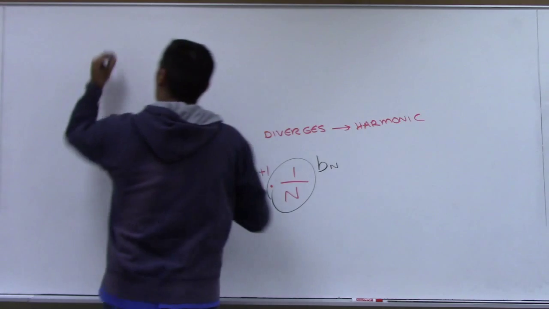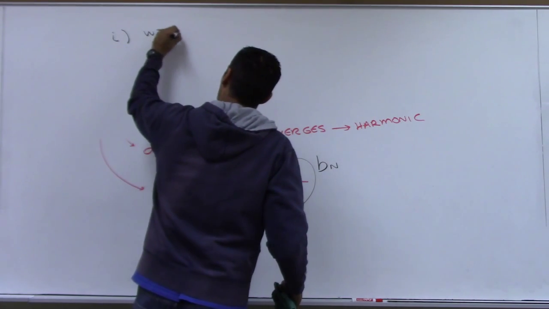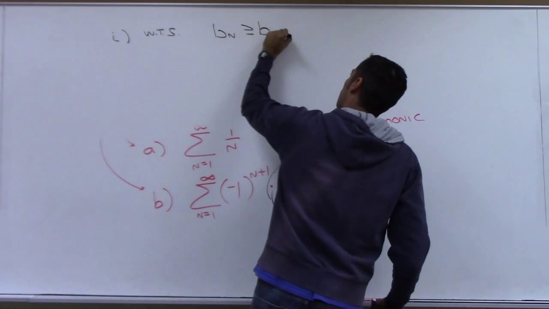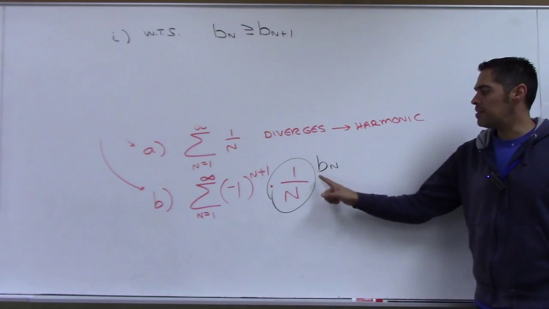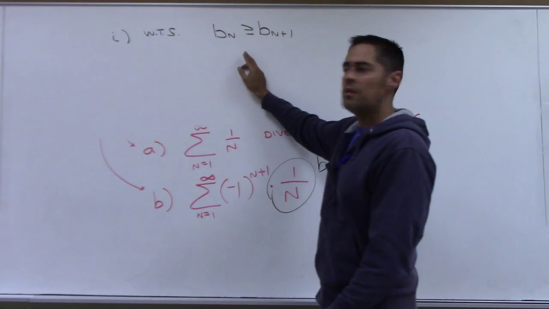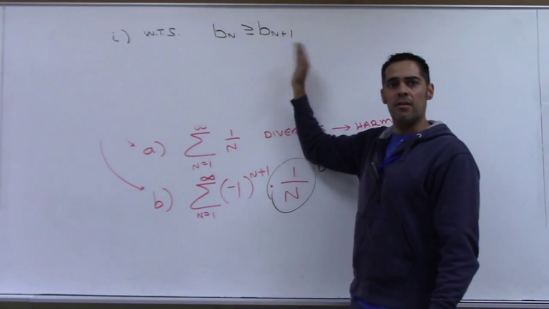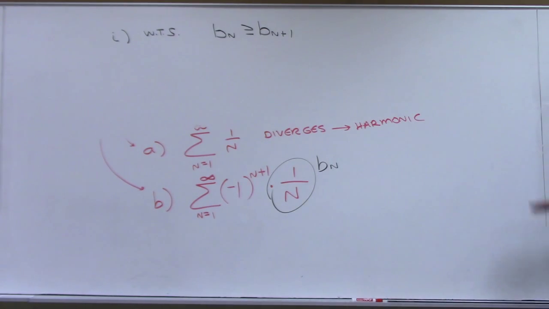First, I want to show that b sub n is greater than or equal to b sub n plus 1. What this is showing you is that this sequence is decreasing. Isn't that what that means, to decrease? The nth term is bigger than the next one, which is bigger than the next one, which is bigger than the next one. So we're trying to show that this sequence decreases.